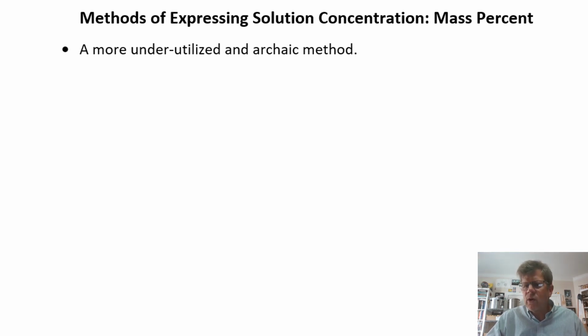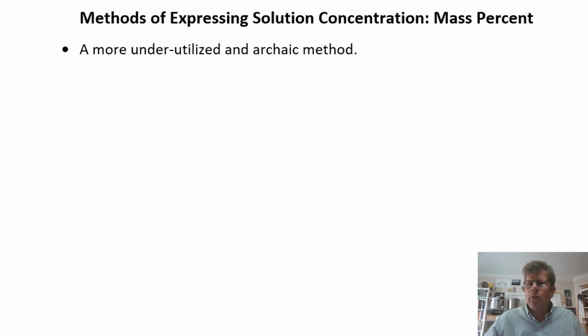The term we use for determining strong or weak solution is solution concentration. The concentration of a solute in a solvent is how we are going to be looking at that. We'll be looking at a total of three methods by the end of this unit of study, but a couple of methods to start us off, ways of expressing solution concentration.